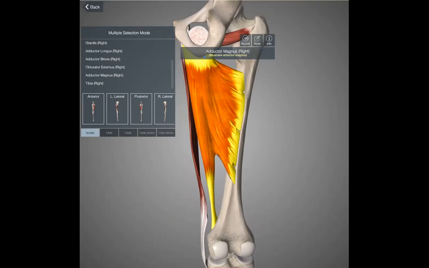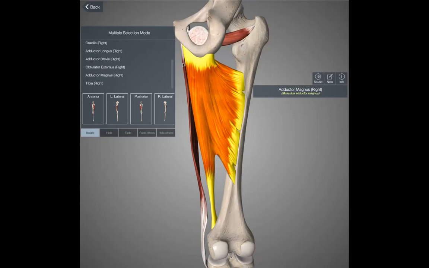The adductor component originates from the inferior rami of the pubis and the rami of the ischium here, because this is the rami of the pubis and this is the rami of the ischium. So it originates from here and attaches to the linea aspera of the femur.